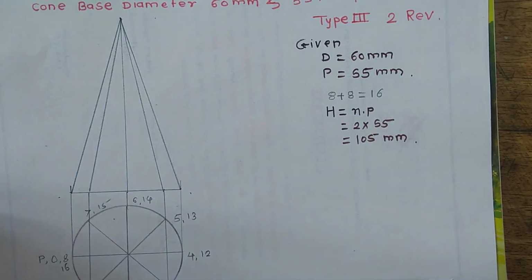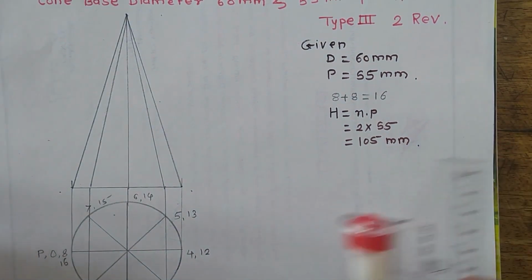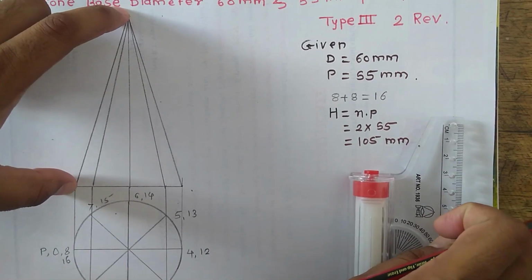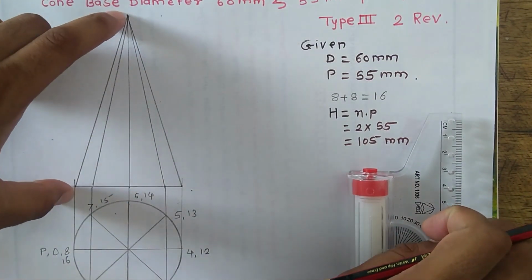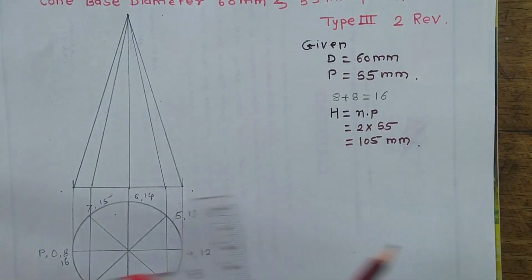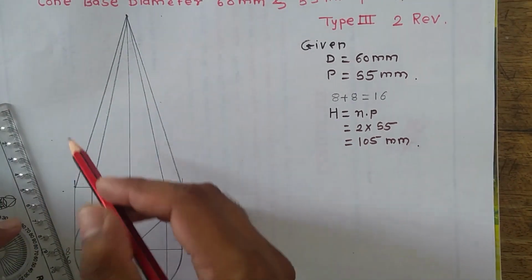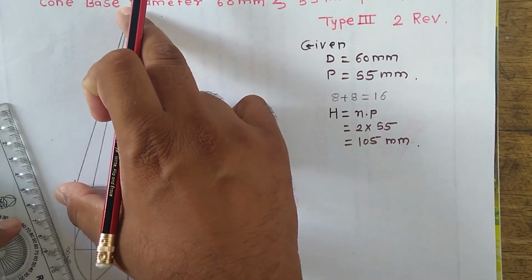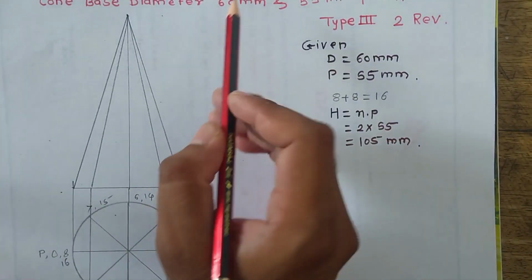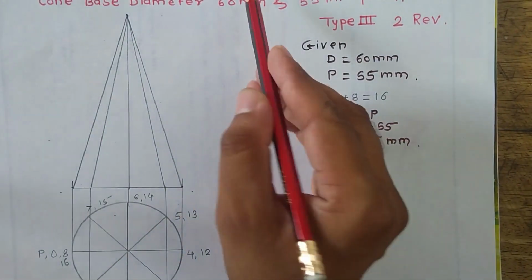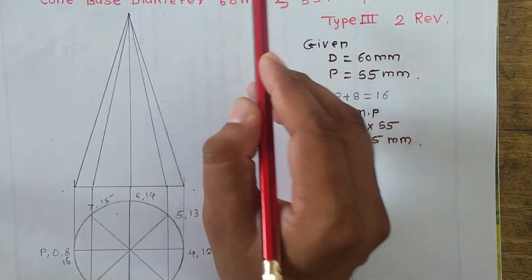Okay, so after joining this, we have to divide this axis height, or this generator, into equal parts. Here the equal parts are 16, so we have to divide this into 16 equal parts, because our cone is making 2 rotations.